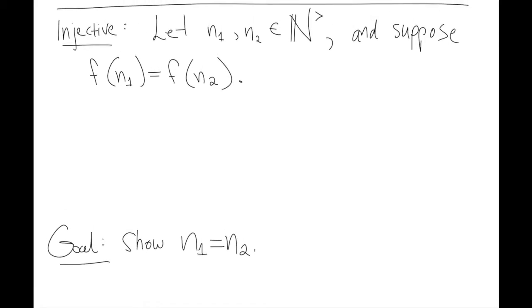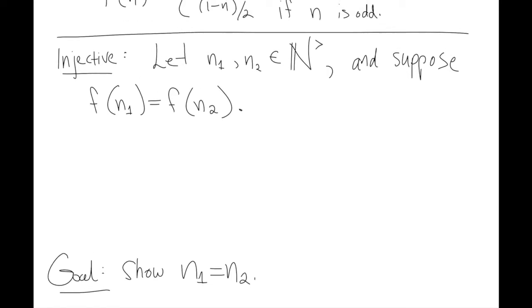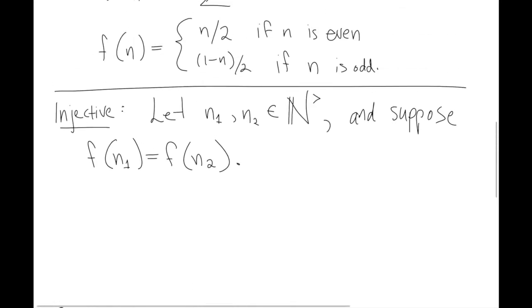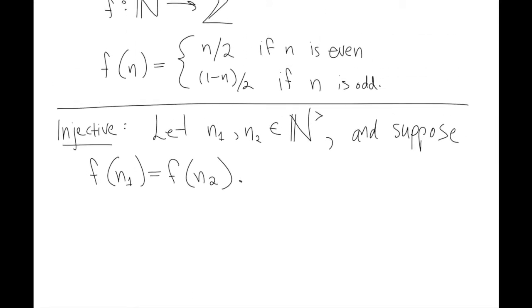Okay, well, first of all, we're kind of stuck into two cases. One of those cases is going to be that f of n1 and f of n2 are going to be either positive, or they're going to be negative, or they're going to be 0. And it's going to be helpful in this case to break it up into those two cases and say, well, let's suppose first that we're negative and find out that n1 and n2 have to be the same, and then we'll suppose that it's not negative and find out that they have to be the same also.